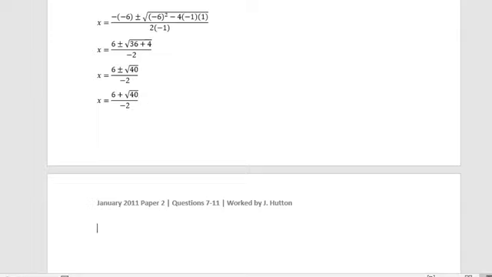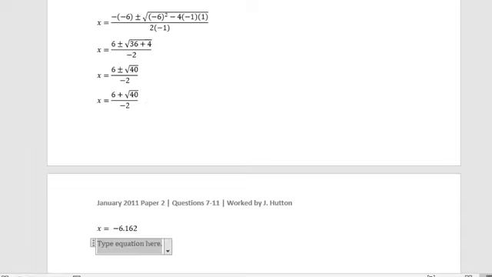So what we'll get is, when you work that and put that in your calculator, you'll get x being equal to minus 6.162, and I think it says we should write it to 2 decimal places.